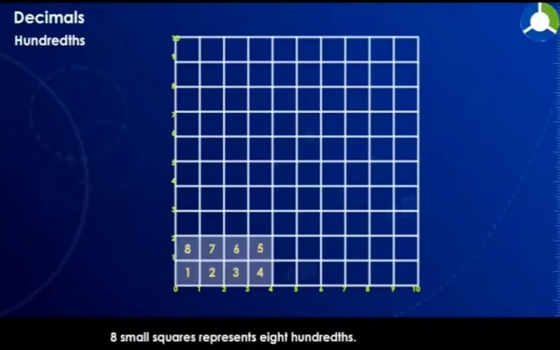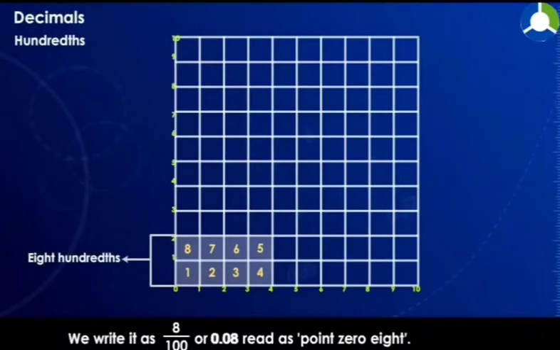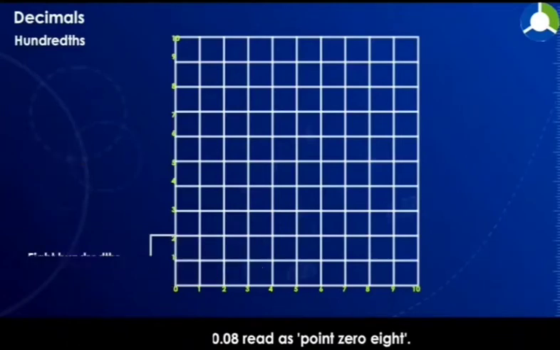Similarly, 8 small squares represent 8/100ths. We write it as 8/100 or 0.08, read as zero point zero eight, again 8 hundredths.